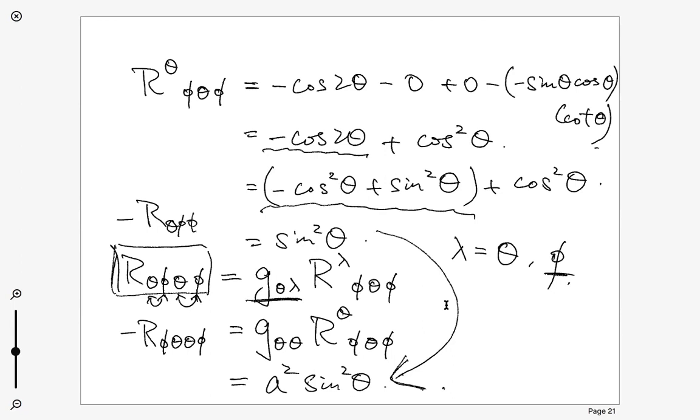Or if you interchange the first two indices with the last two indices, you get the same thing. In this case it's the same because theta phi and theta phi are the same. But in general, the result will be the same because of the symmetry.